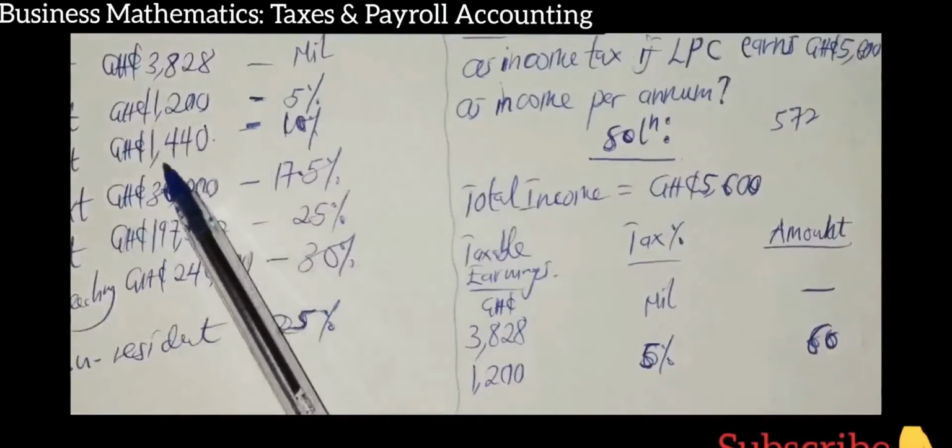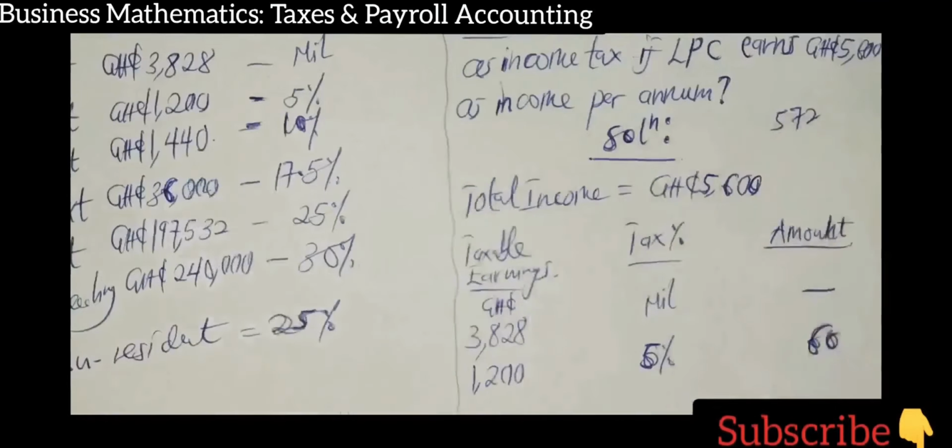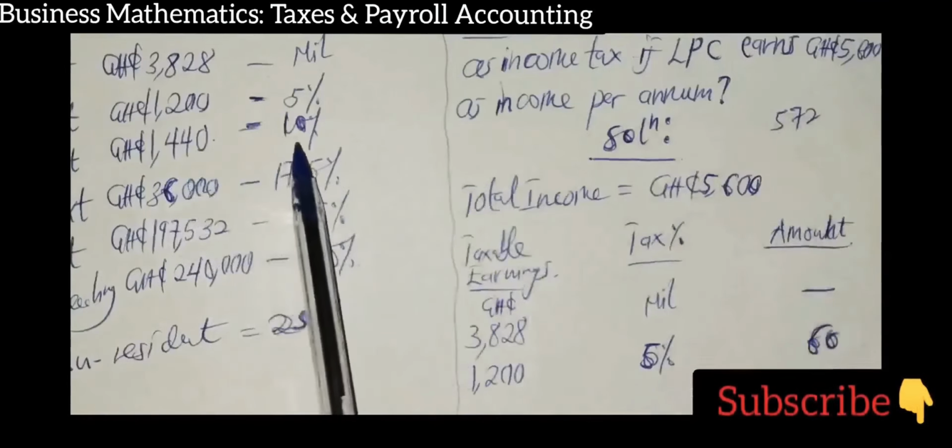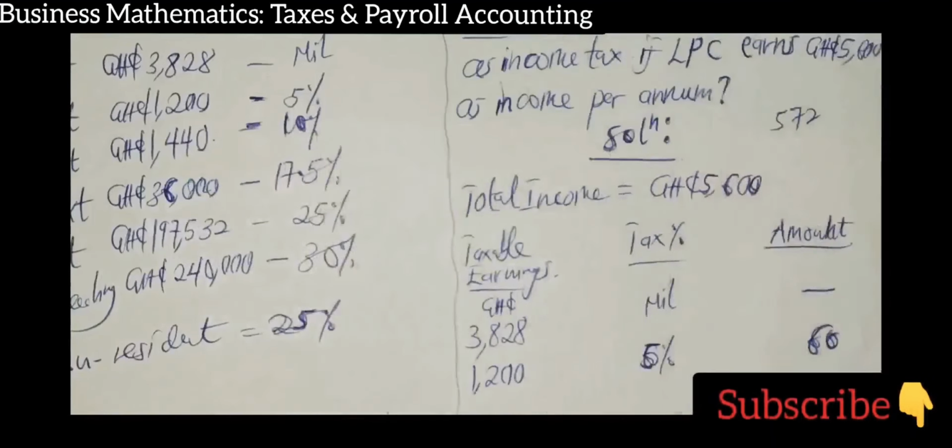Whatever is left, at whichever level you have reached, you take that band's rate, 10%, and multiply.